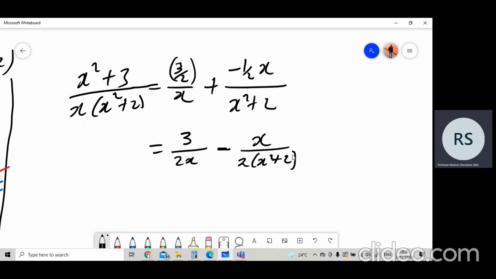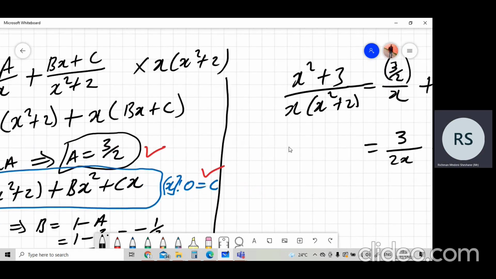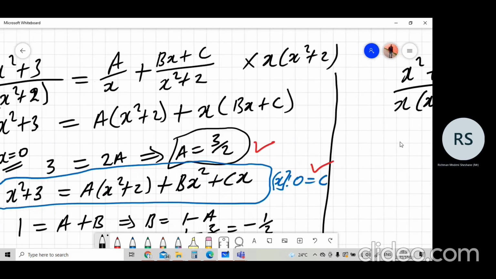The only aim here was to know the form for this quadratic factor. The partial fraction form for a quadratic factor is linear over quadratic. That we did here. Okay.